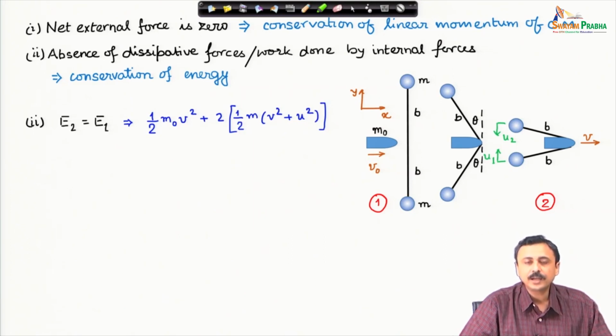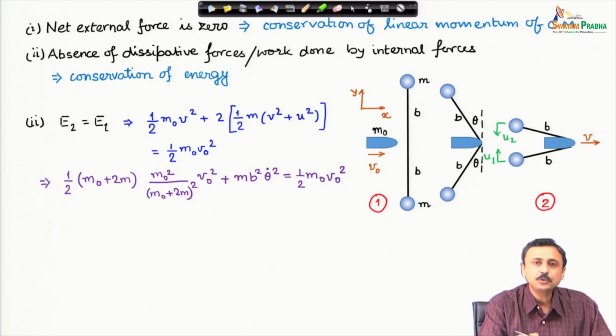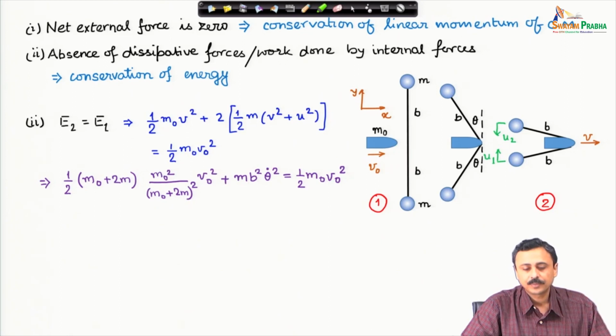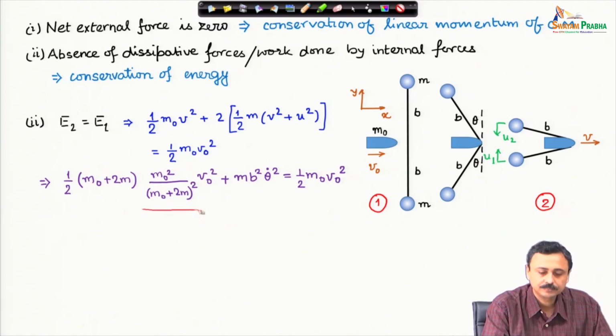Therefore, the total kinetic energy of the two spheres is m times v squared plus u squared, and this final kinetic energy must be equal to the initial kinetic energy, half m naught v naught squared, and from here, by substituting that expression of v that I just now obtained, I have substituted it here. This one is v, this is v squared actually.